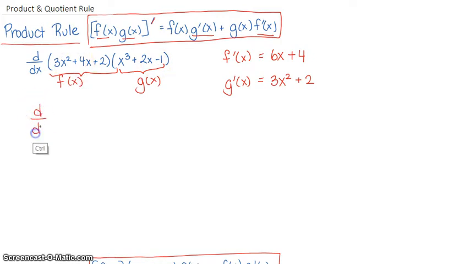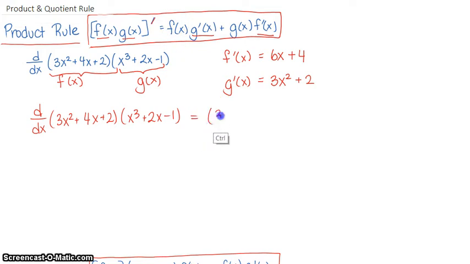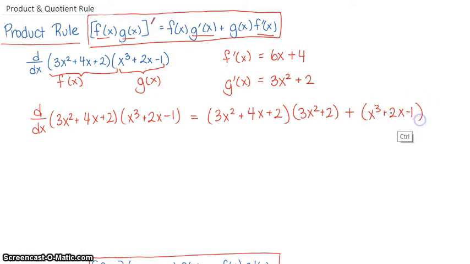So if we take the derivative of this whole thing, we take our first function, f of x, and we multiply it by the derivative of g of x, which is 3x squared plus 2, and we add it to our g of x function, and we multiply it by the derivative of f of x, so 6x plus 4.